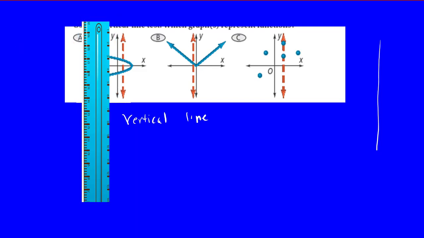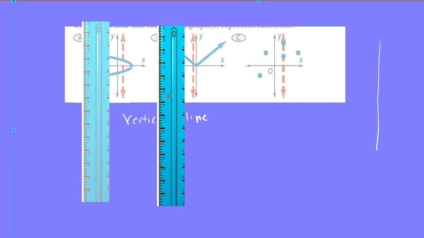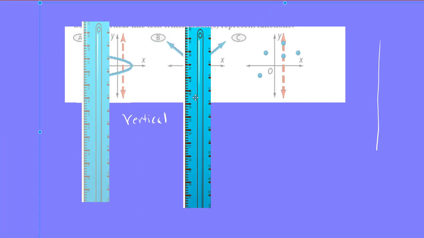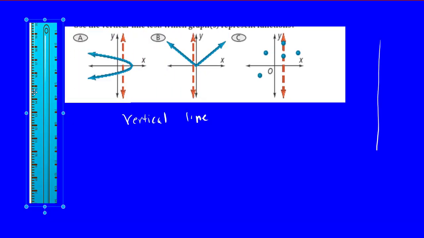So that first graph is not a function. What about the next one? Good, good, good. My vertical line did not hit 2 points on the graph, right? So B then is a graph of a function.